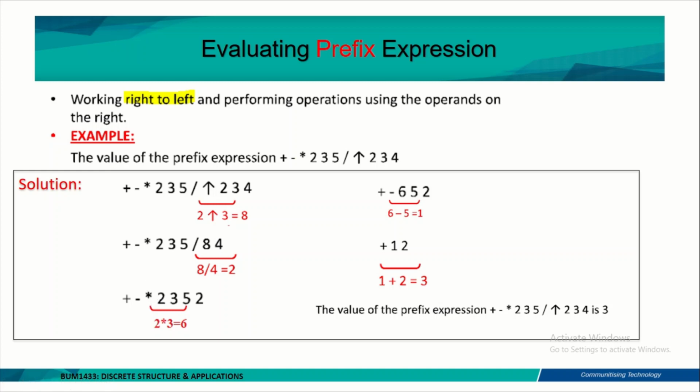So 2 multiplied by 3, we get 6 here. Then the next operation is minus. So 6 minus 5, we get 1. And then 1 plus 2, we get 3. So the value of the prefix expression is 3. So that's all for the prefix expression.